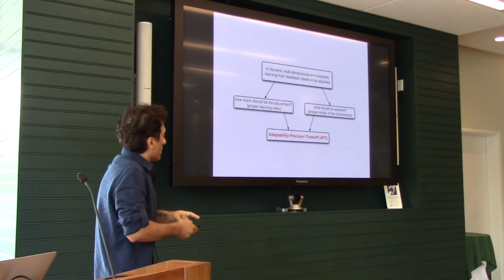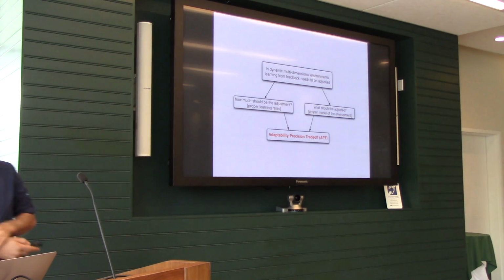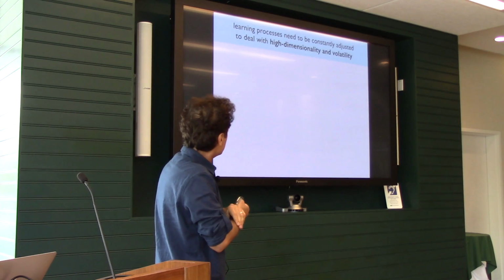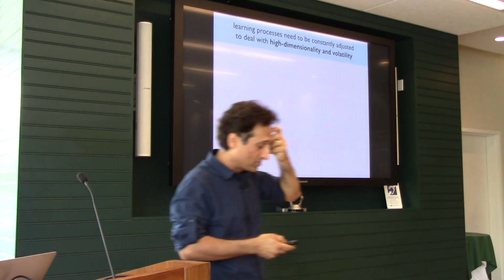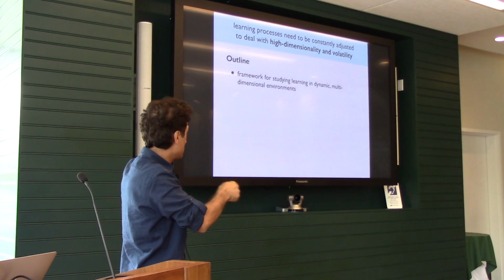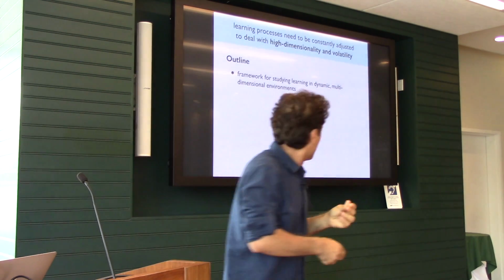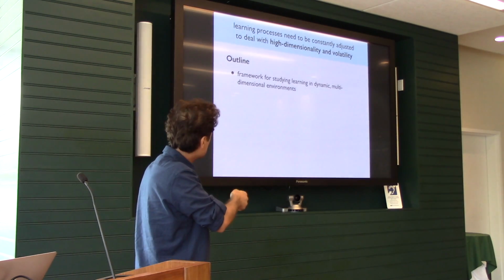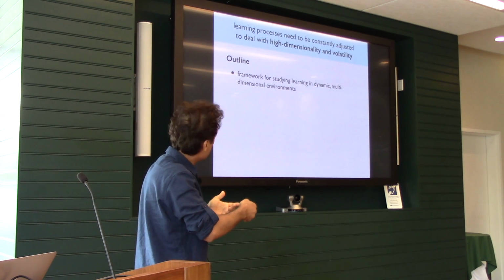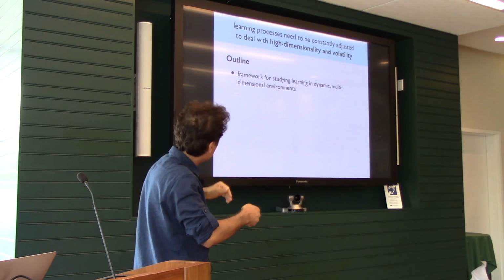Now, let me go further. I'm going to tell you how learning now needs to be adjusted over time to deal with this high dimensionality and volatility of the world. First I will tell you a small, simple framework so you can conceptualize what I mean by these different factors.